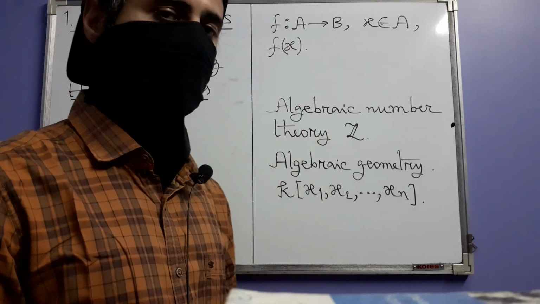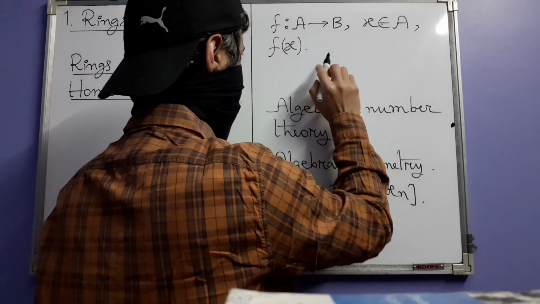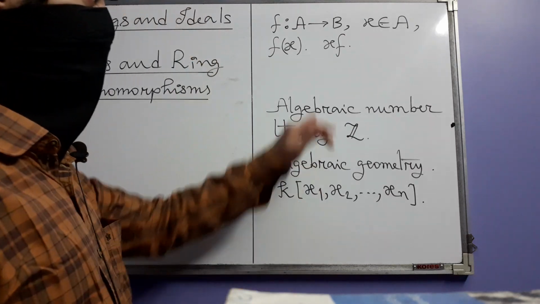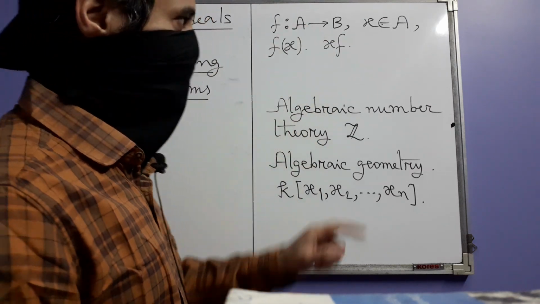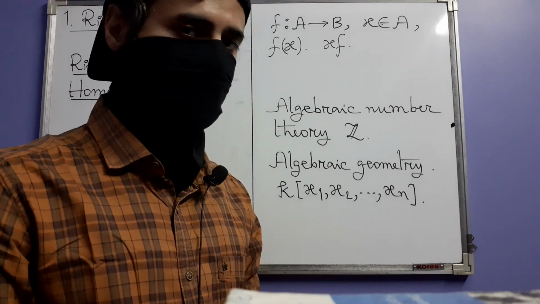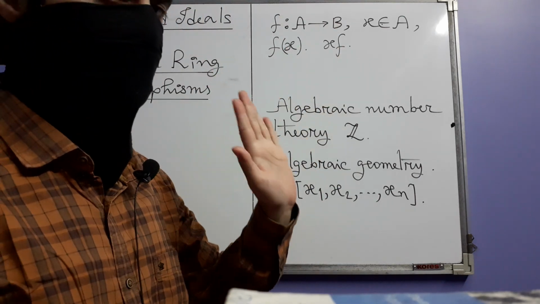This is the more common notation. This means that we won't write this image as xf. This is another way of writing the image, which for example is followed in Herstein's Topics in Algebra. We are not going to write like this.